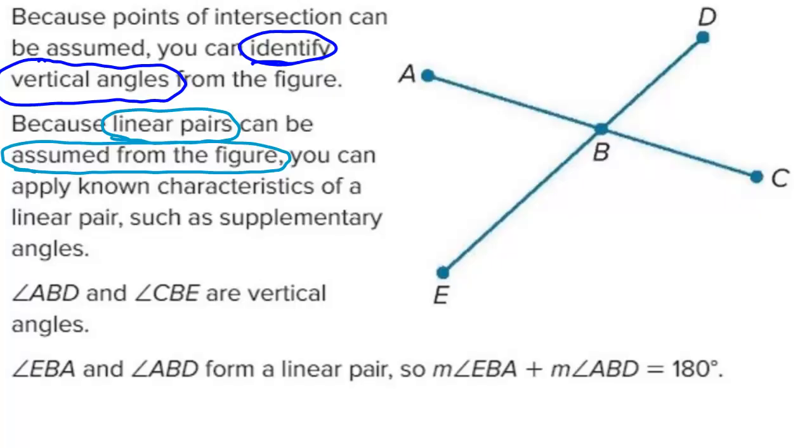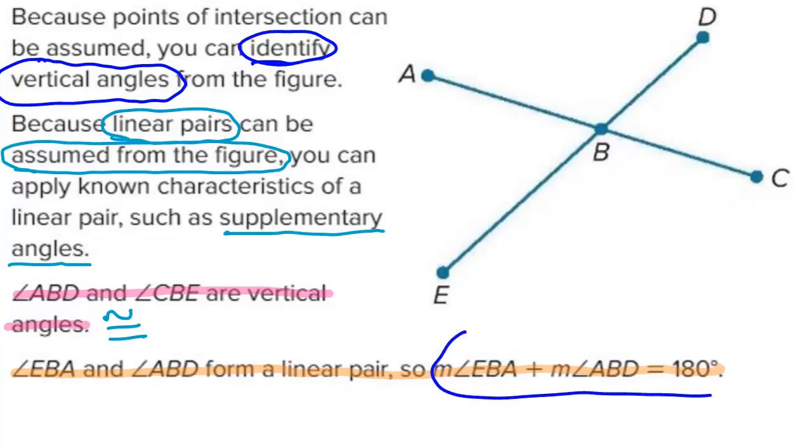So we can apply all of our characteristics that we know about linear pairs, such as supplementary angles. So I know that angle ABD and CBE are vertical angles, and that means that they are congruent. I know that EBA and ABD form a linear pair, so I know that that means they are supplementary. They add to 180.